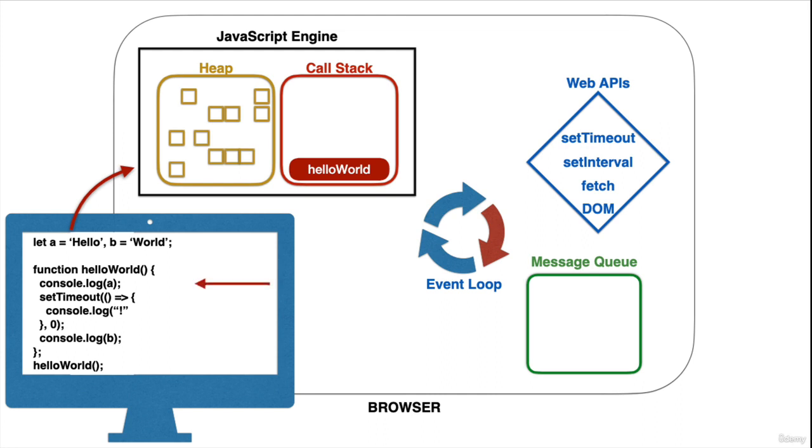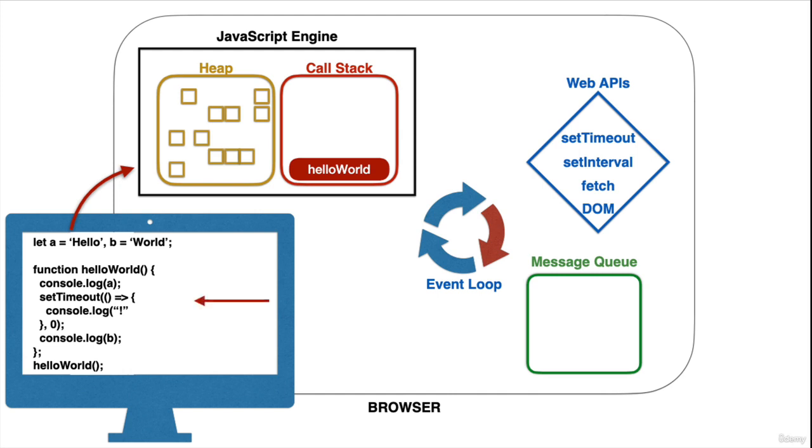The first command we encounter is a console log statement, and it's going to log variable a to the console. So that's added to the call stack. It takes care of that log statement. We see hello on the console, and then the console log command is removed from the call stack.